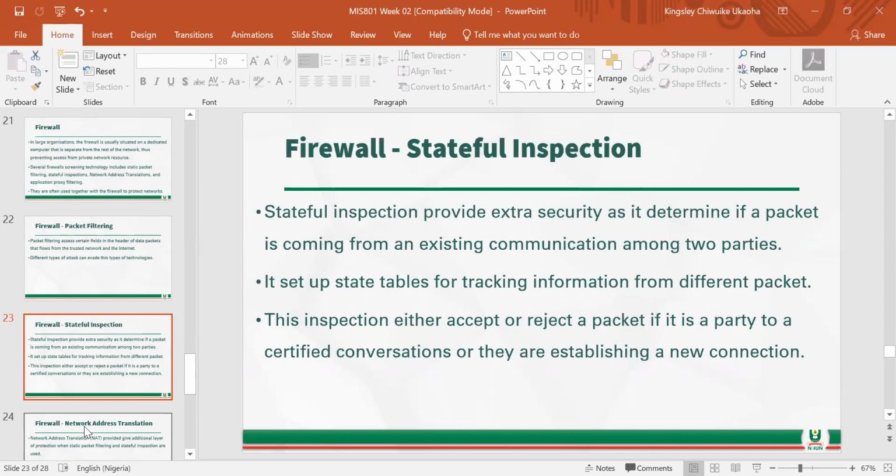It uses a set of state tables for tracking information from different packets. This inspection either accepts or rejects a packet depending on whether it is part of a certified conversation or establishing a new connection.